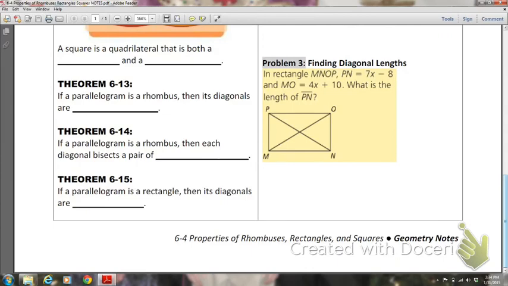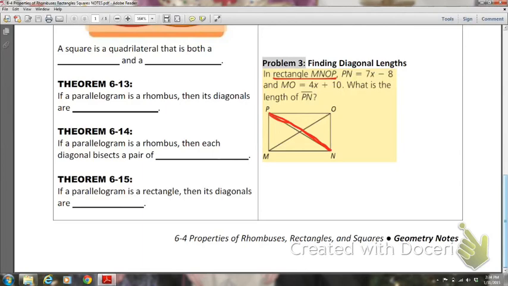In the last problem, we're finding diagonal lengths, and it's in a rectangle. In rectangle MNOP, it tells us that PN, which is this diagonal, is equal to 7x minus 8.